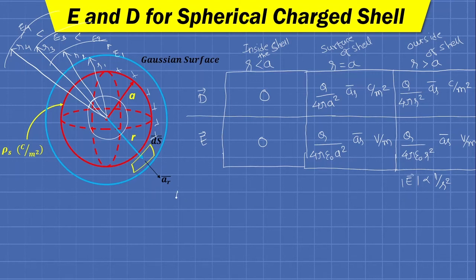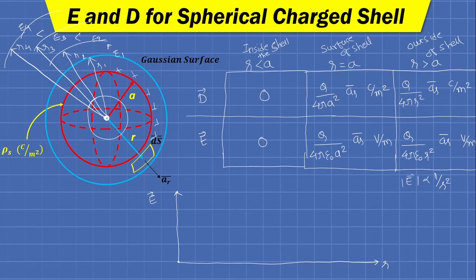If we want to show this in a graphical manner, then on x-axis we are representing the distance of point from the center of sphere. Fine. On y-axis we can represent E bar or D bar, whatever you want. Fine. Here I am representing intensity.